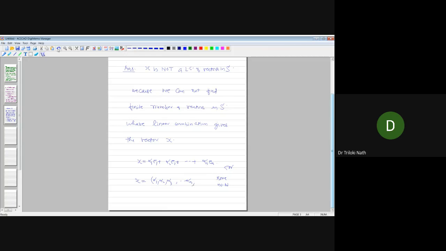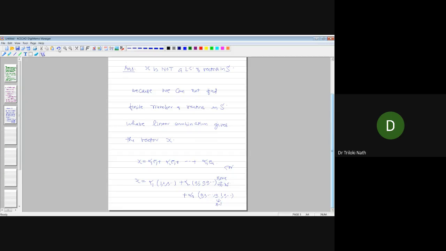Because you know that E1 is 1, 0, 0. So multiplying by alpha 1, let me do that, otherwise you will not understand. x equals alpha 1 times (1, 0, 0, everywhere 0), plus alpha 2 times (0, 1, then everywhere 0), and so on, plus alpha n times (0, 0, 0, 0 with 1 at the nth place and everywhere 0).